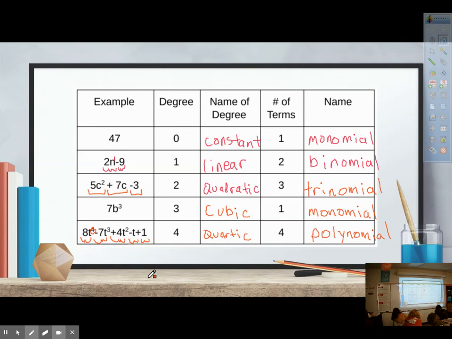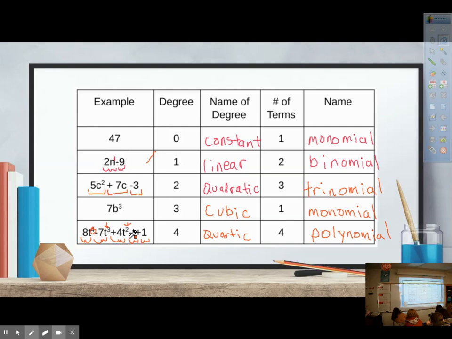So these two here, the 7t to the 3rd has an exponent of 3, and this one has an exponent of 2. So that's like trying to combine a cube and a sheet of paper. Can I combine those together and call it a piece of paper? No, I couldn't add those together. But if I had, say, 2 cubes here and 5 cubes here, I can say I have 7 cubes.